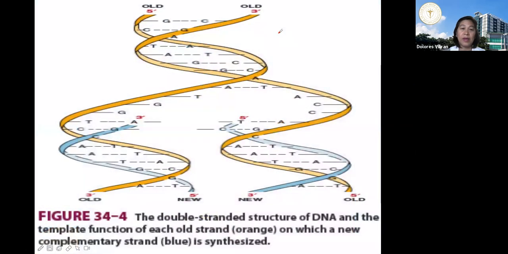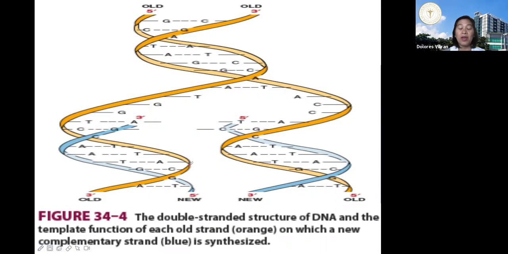So this is what you call the replication fork. From double-stranded DNA, it can be separated into single-stranded DNA. And the single-stranded DNA can act as a template strand for the synthesis of a new DNA molecule. So this is what you see during replication.